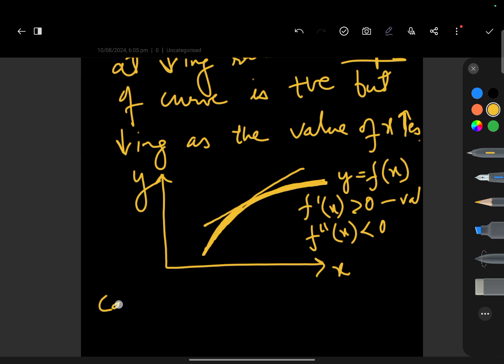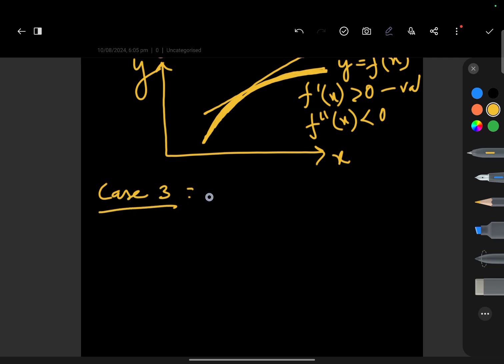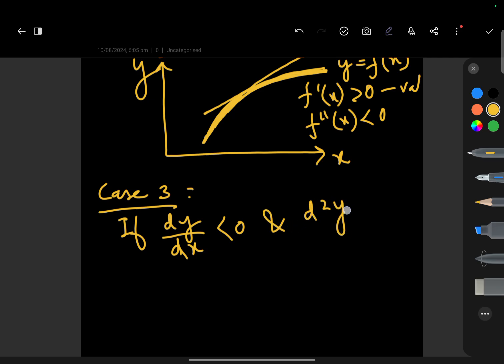Now the third combination, case 3. Let us see. If first derivative, dy upon dx, is less than 0 and the second derivative d square y upon dx square is greater than 0, it means this combination of the first and the second order derivative represents that the function is, any guesses?